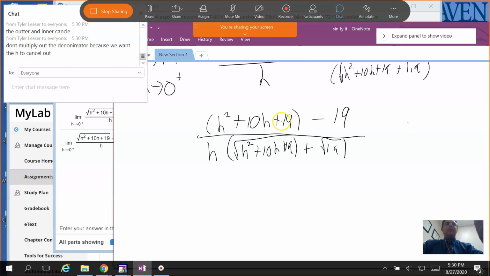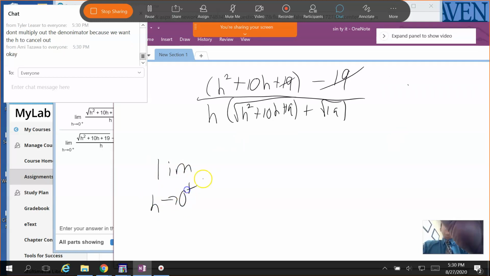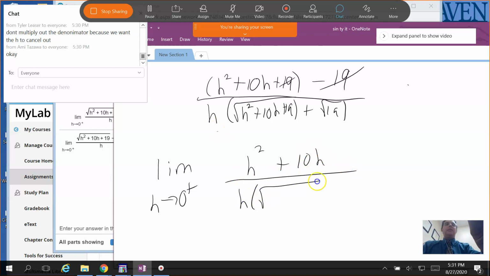All right, so what's going to happen is that this positive 19 cancels out with that negative 19. And now it's still the limit. I should have written that earlier and I kind of forgot. So the limit as h goes to 0 from the right, we have h squared plus 10h in the numerator. And now h times this awful thing, square root h squared plus 10h plus 19 plus square root 19 in the denominator.